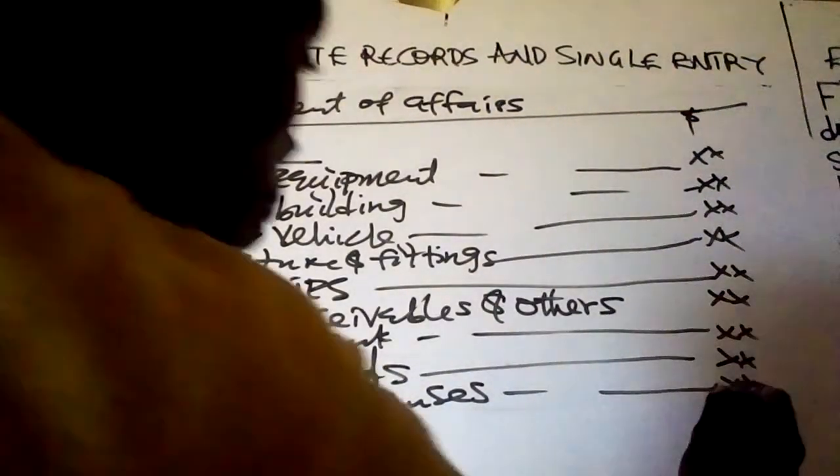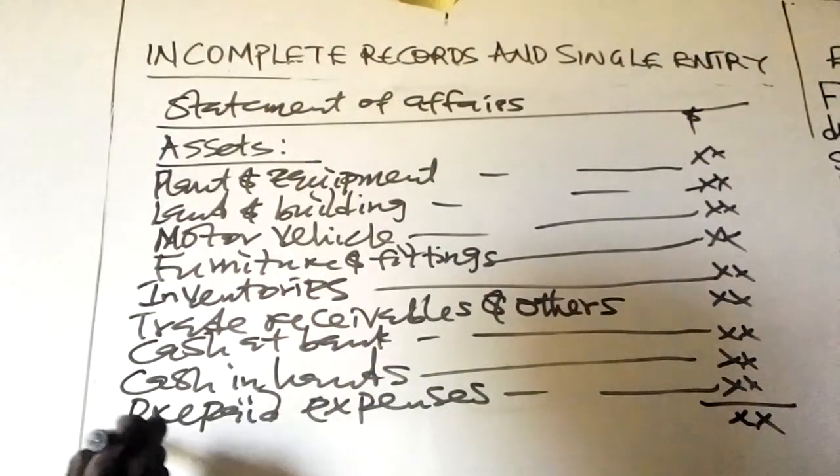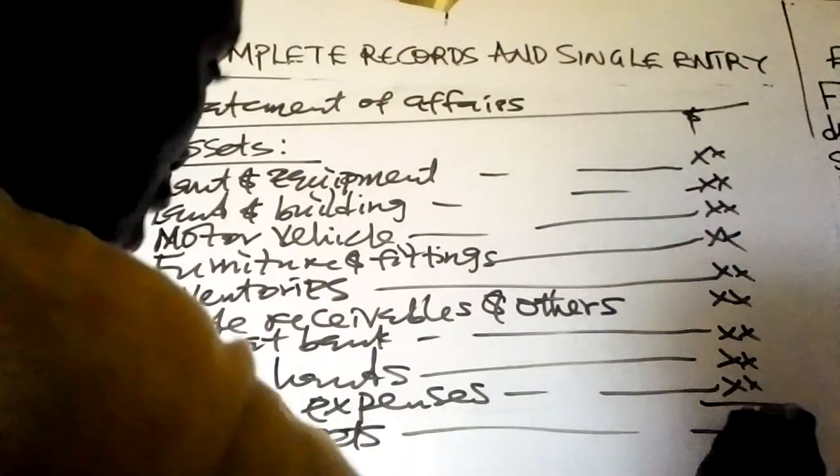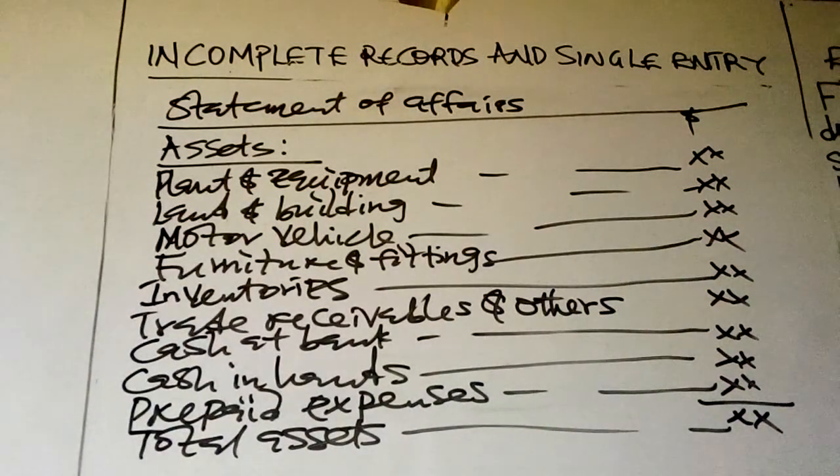So when you sum up all this, you have the total assets. If you have any other assets, then you equally consider them.